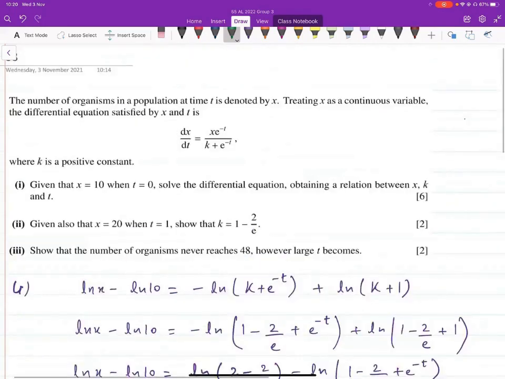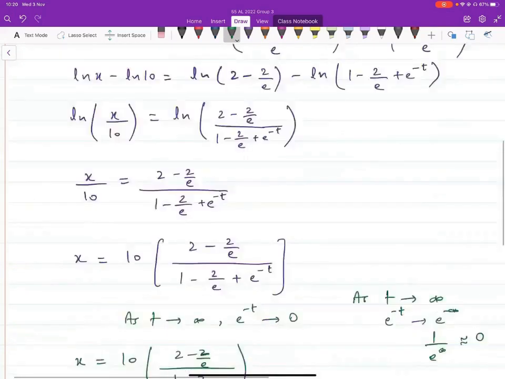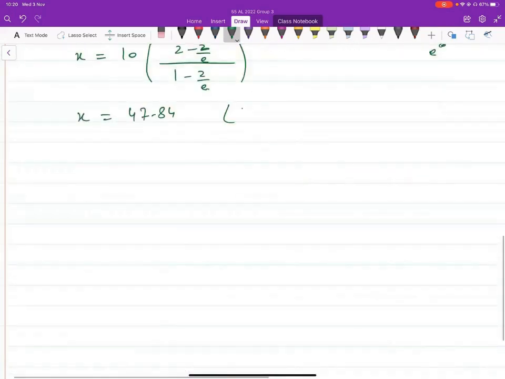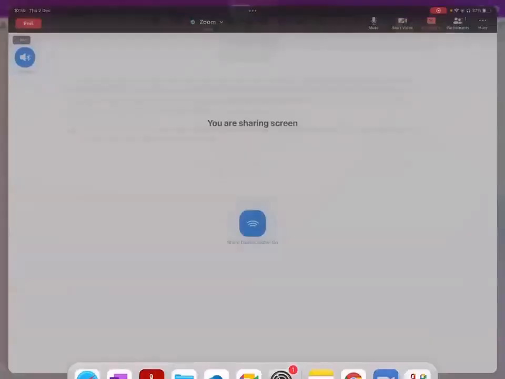So it can never reach 48. It can never reach 48. So this is the largest possible x. It will never even reach this, because time cannot go to infinity, right? But at most it can get close to this, it cannot go above this. This is the largest possible value of x. It cannot reach 48.